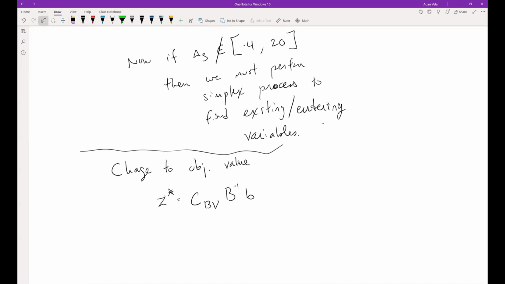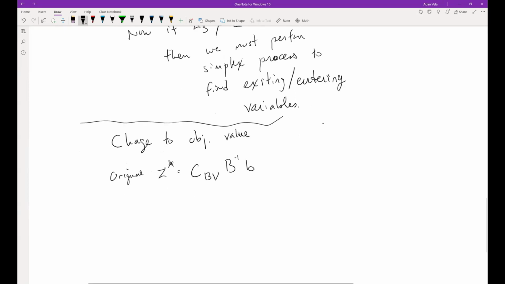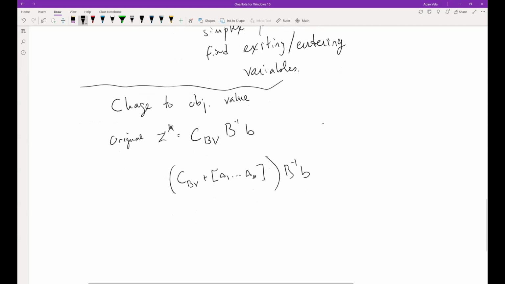So if we change CBV, right? So originally, this is what we had. But if we change CBV to have the deltas, right? Okay, so we want to figure out, if I change the cost, how does that change my optimal solution? We can actually just figure that out here, and it ends up being pretty simple.